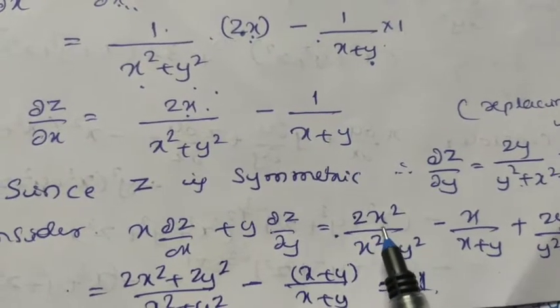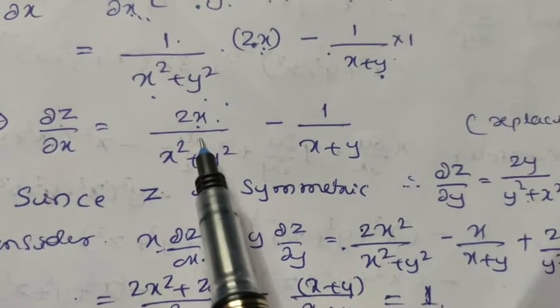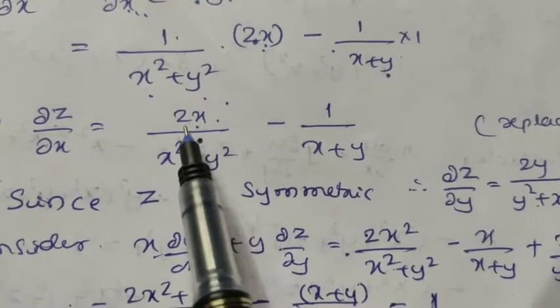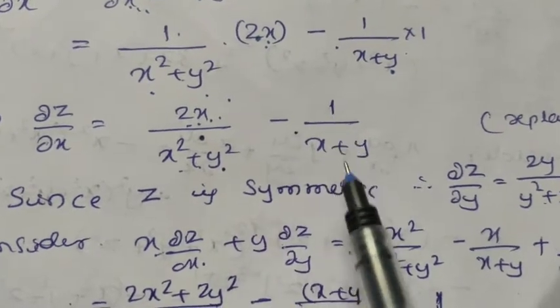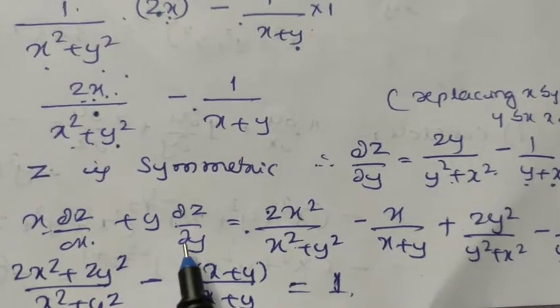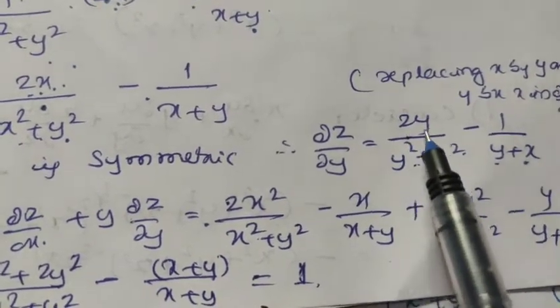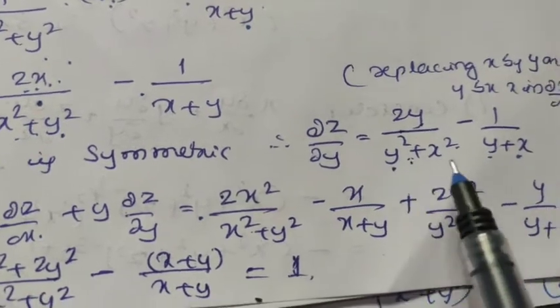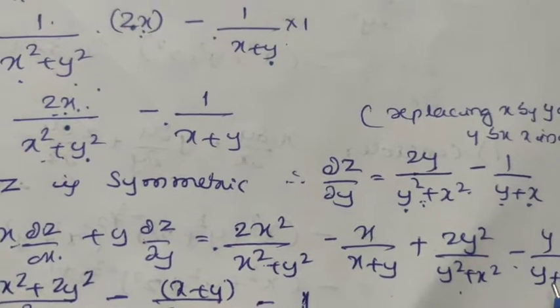This is x into dou z by dou x, multiplied with x, so 2x square divided by x square plus y square minus x divided by x plus y, then plus y into dou z by dou y, multiplied with y, we have 2y square divided by y square plus x square minus y divided by y plus x.